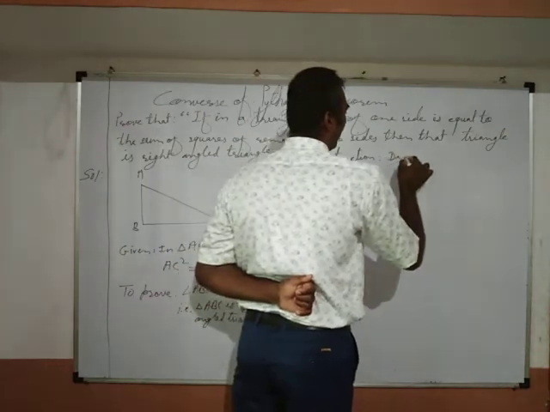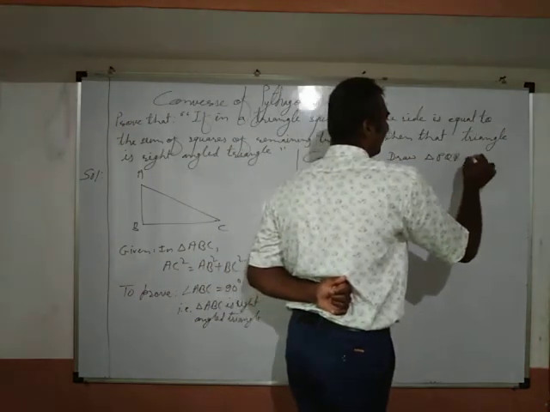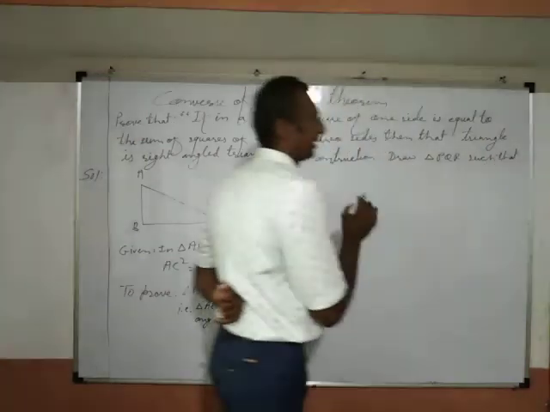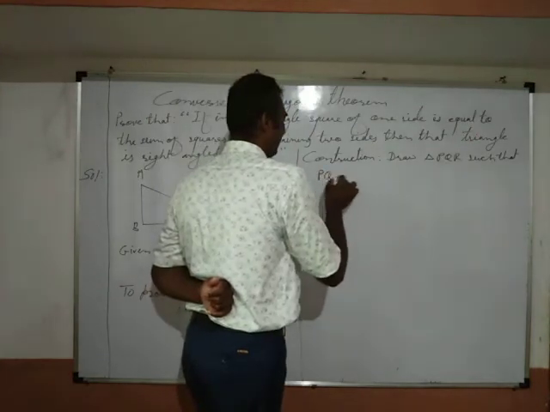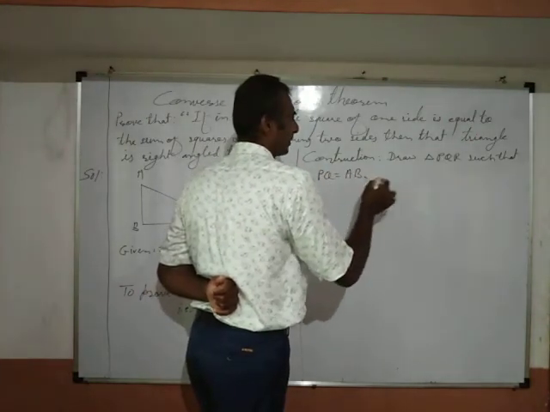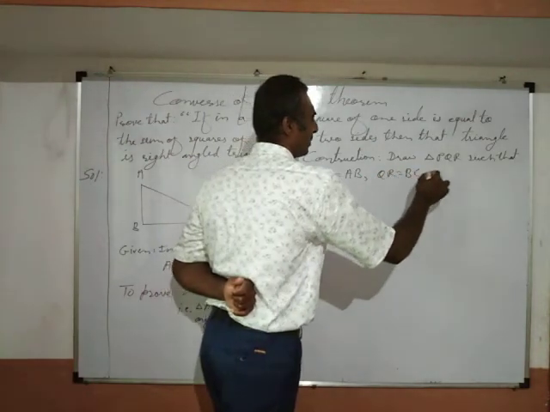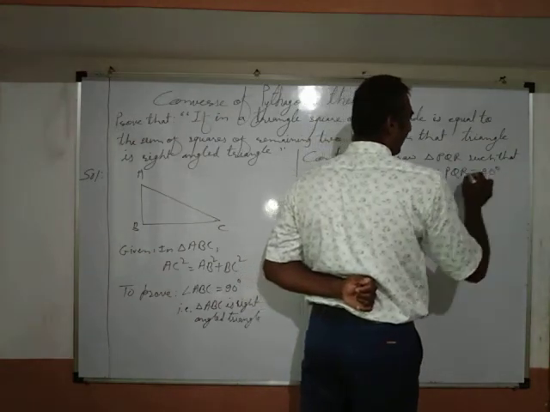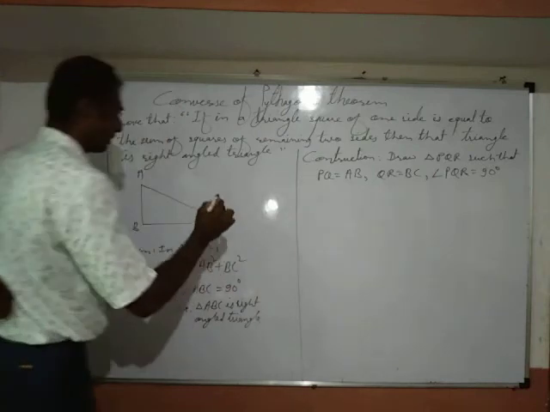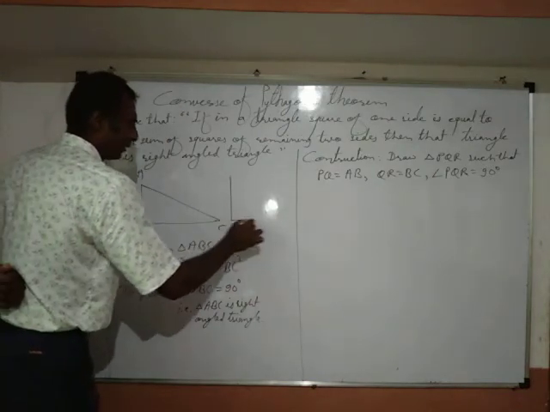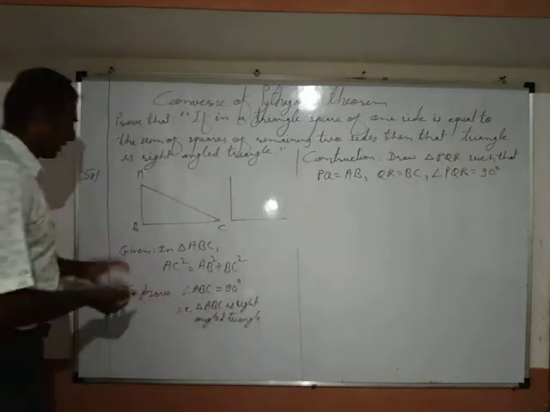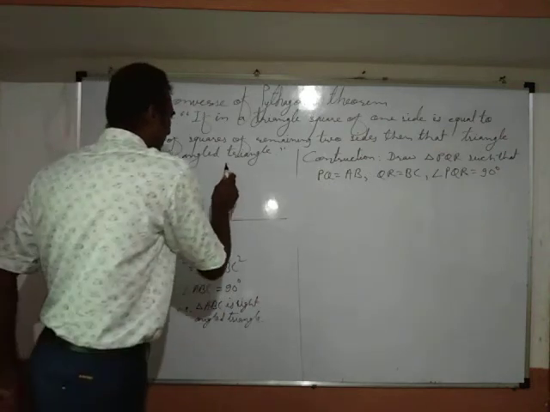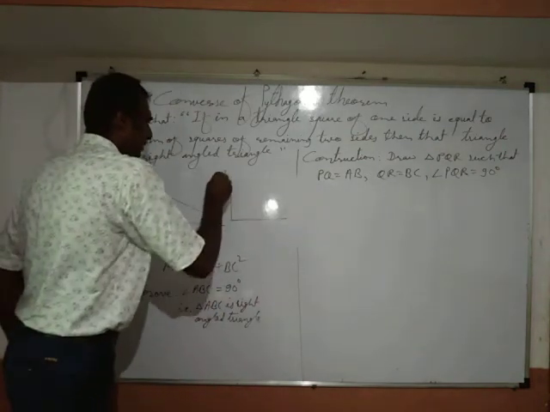Construction: Draw triangle PQR such that its side PQ equals side AB, side QR equals side BC, and angle PQR has measure 90 degrees. Okay, let's draw such a triangle in which, yes, what is the length of AB? That much must be the length of PQ. Okay, let us suppose it is segment PQ.